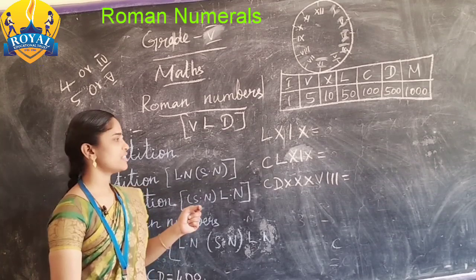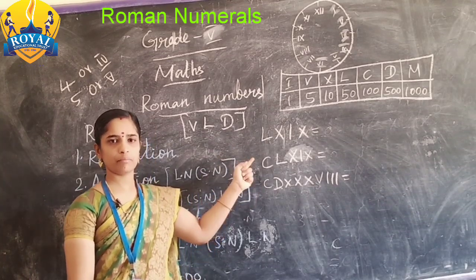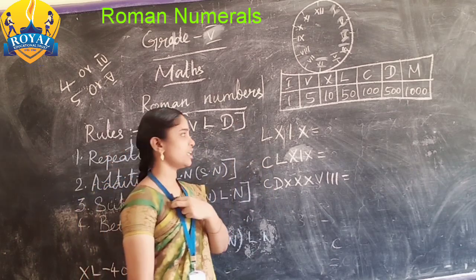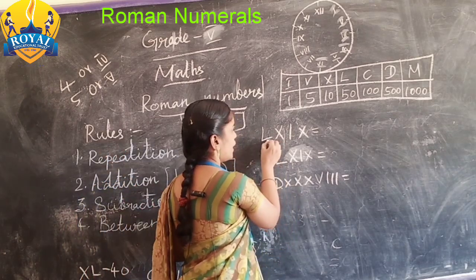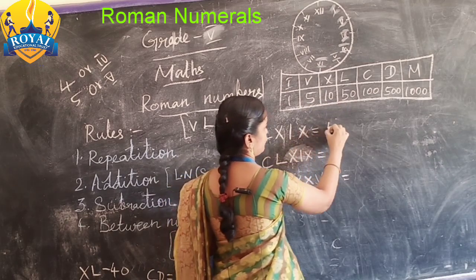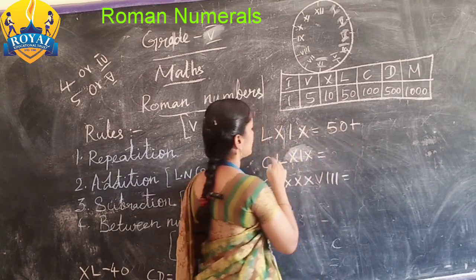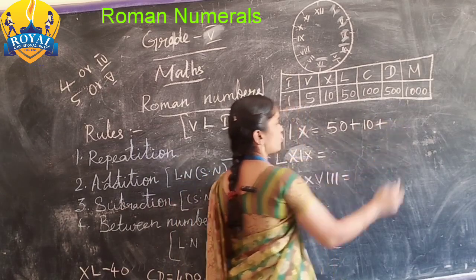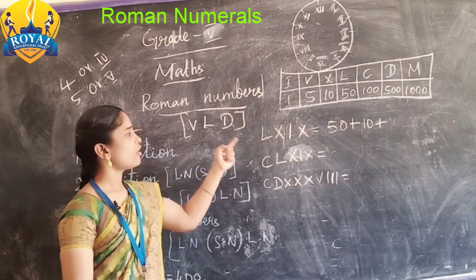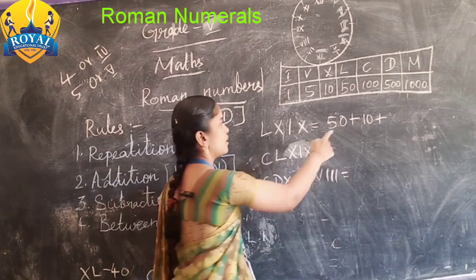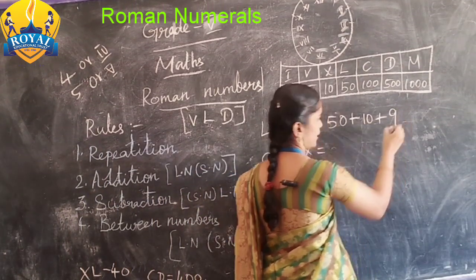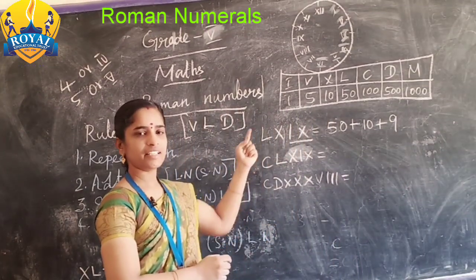The next one is: write the Hindu-Arabic number for each of the following Roman numbers. Listen. L indicates 50, here X indicates 10, and IX means 9.